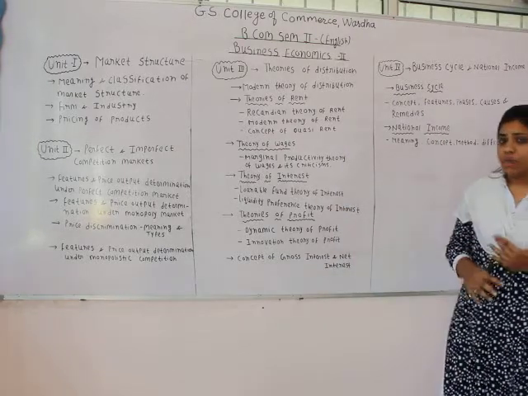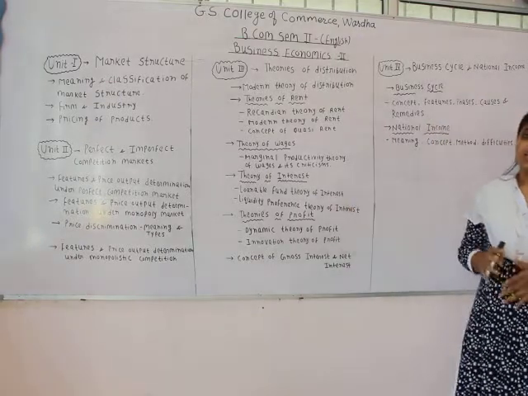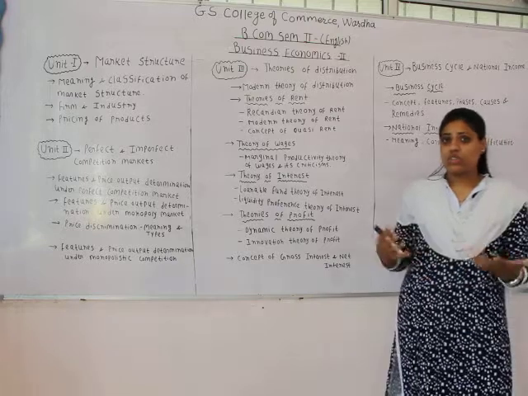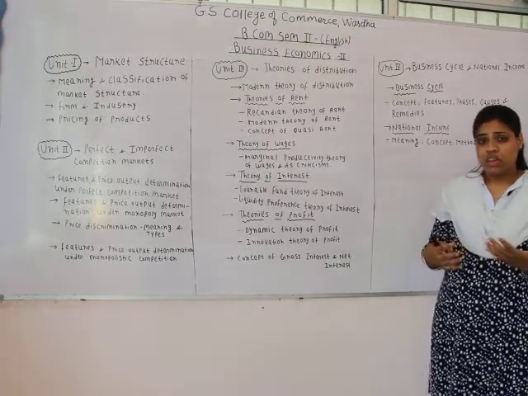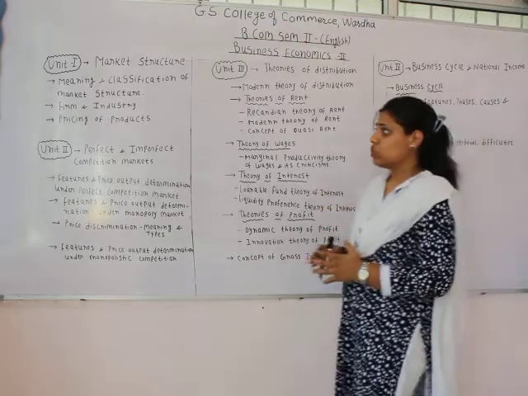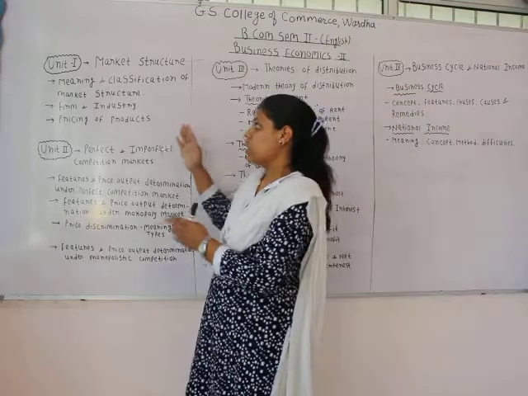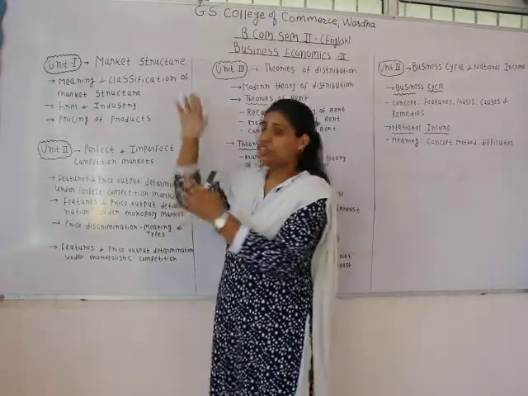Like there is market structure on the basis of competition. There are market structures on the basis of time. There are market structures on the basis of types of goods. So this way we are going to see the meaning and classification of market structure in our first chapter under our first unit.